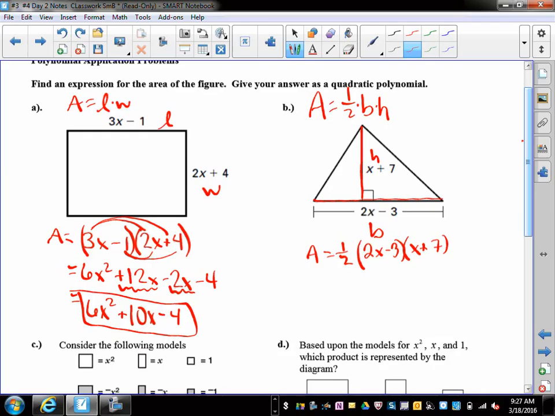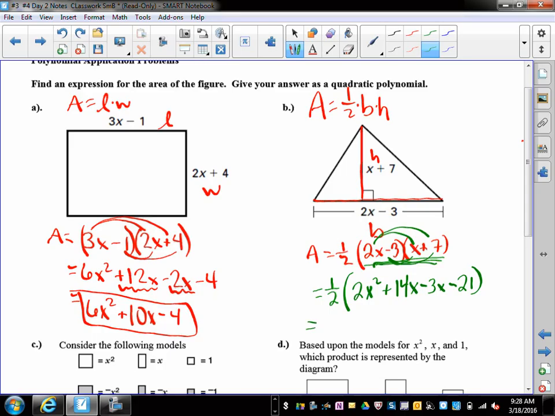So, we have 3 different things here, right? Let's first FOIL these guys out, and then distribute my 1/2. Otherwise, we're going to have to deal with a lot of fractions, and let's just deal with fractions at the end. So leave your 1/2 sitting in front, and let's multiply this out. 2x squared plus 14x minus 3x minus 21.